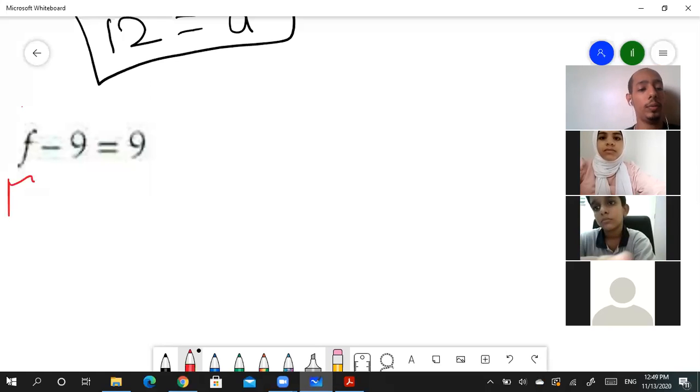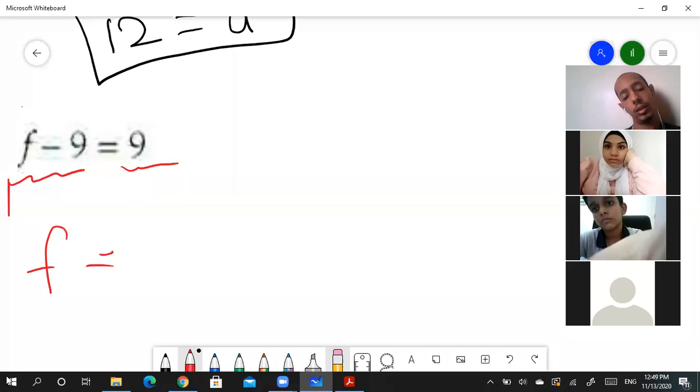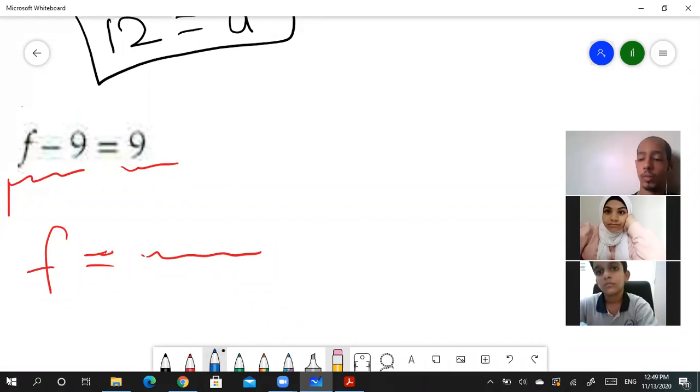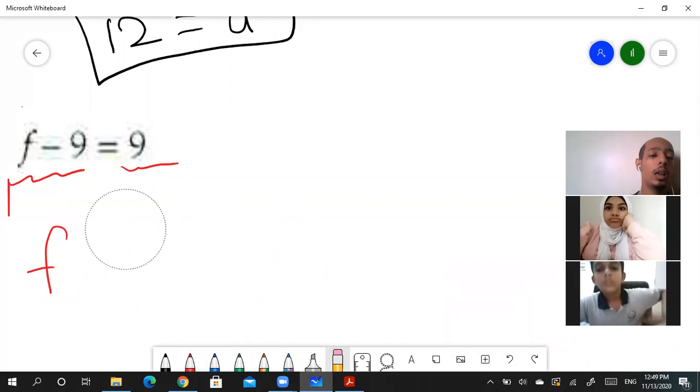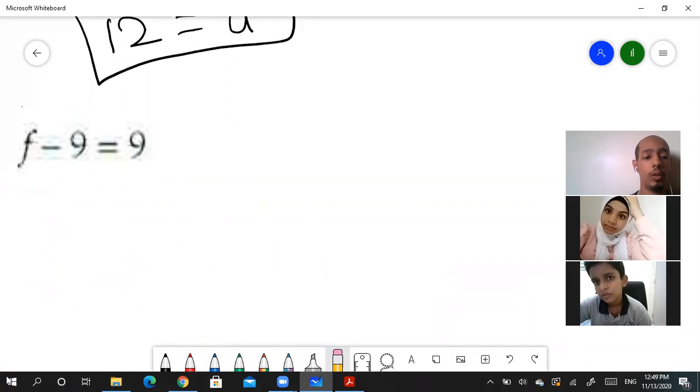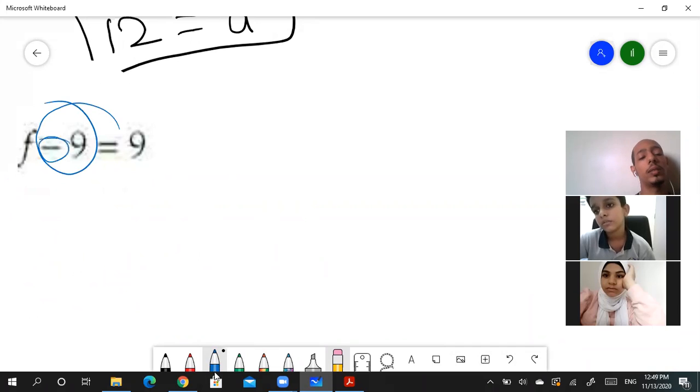Now I have F minus 9 and I have 9 on the other side. I need to make the F alone on one side, and the other things should be on the other side. What should I do? I need to get rid of the 9 next to the F. Between the F and the 9, I have minus.